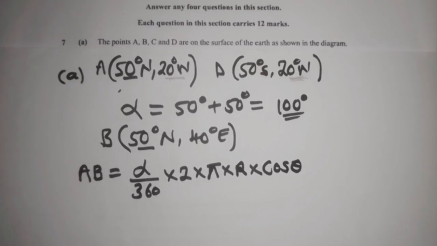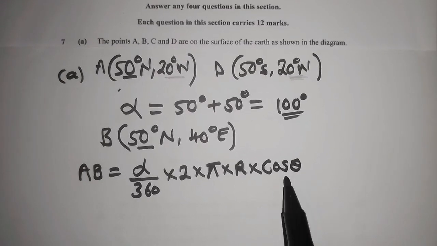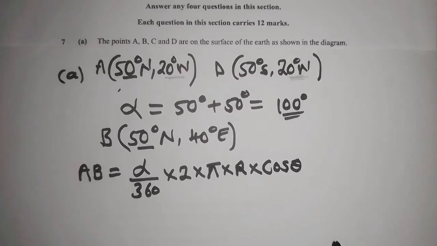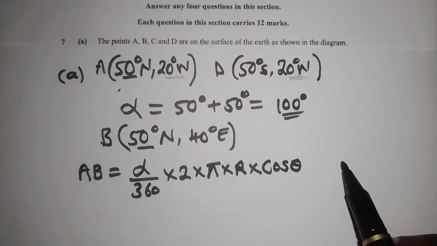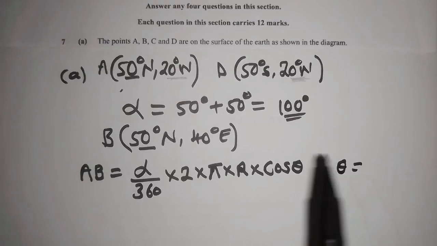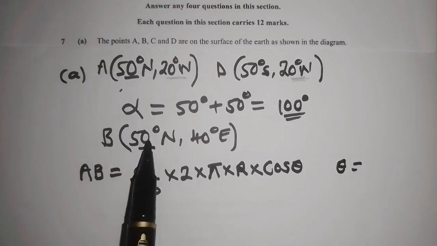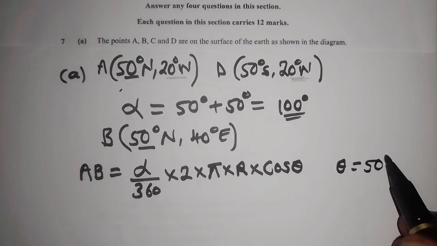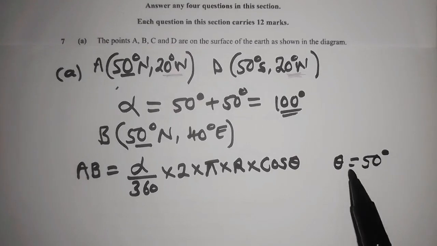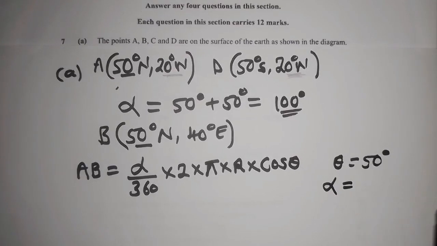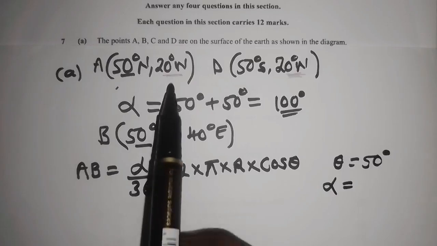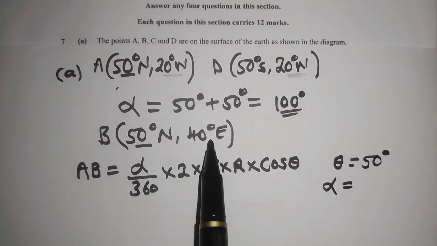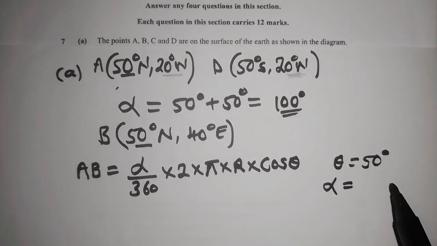The distance along the latitude should always include the cos theta. Now, theta is the latitude angle, which is just 50 degrees. And alpha is from the longitudes, the 20 and the 40.